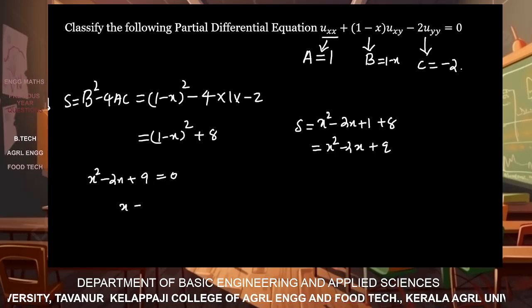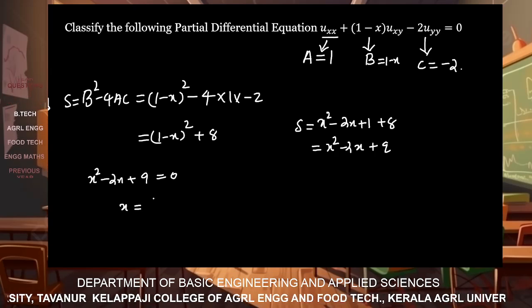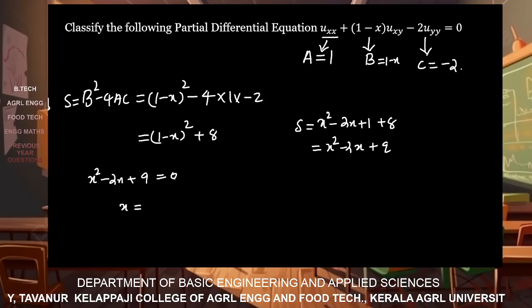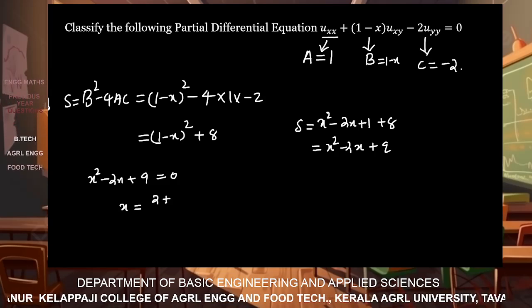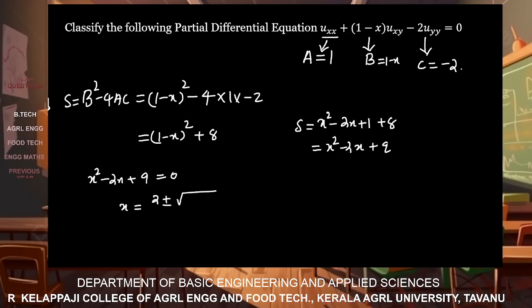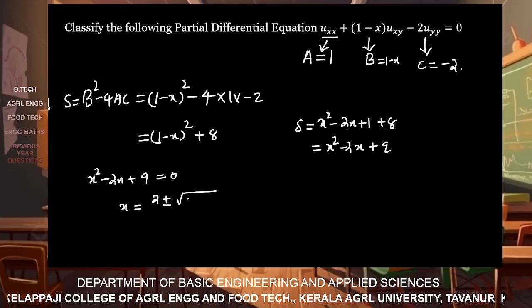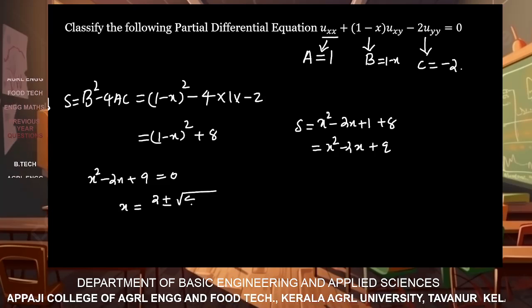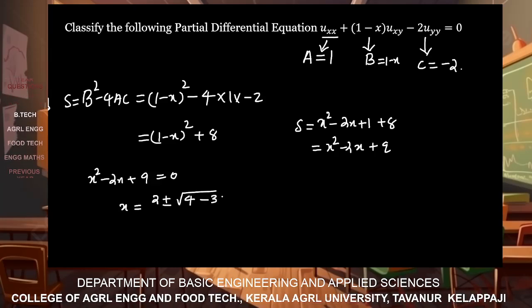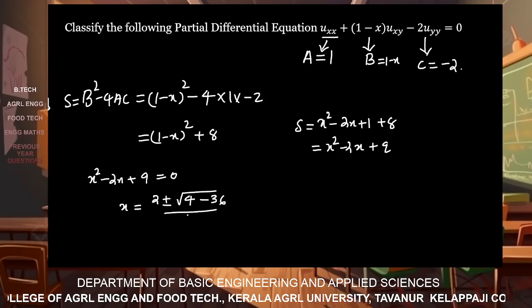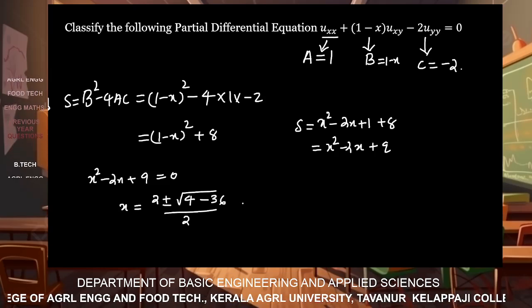So we have x equal to minus b, that is 2, plus or minus root of b square minus 4ac, using the quadratic solution formula. b square minus 4ac is 4 minus 4 into 1 into 9, that is 36, divided by 2a, that is 2.